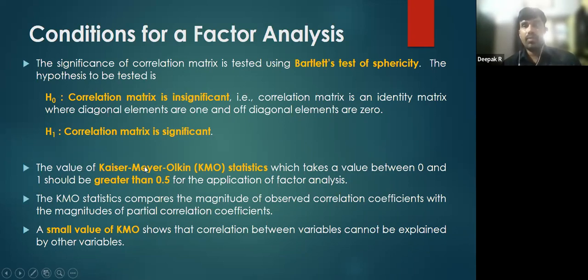For that reason, in most PhD research, we try to ensure that this is more than 0.6 or 0.65. So the first and foremost condition is the Bartlett test of sphericity, and then we look at the KMO statistics.